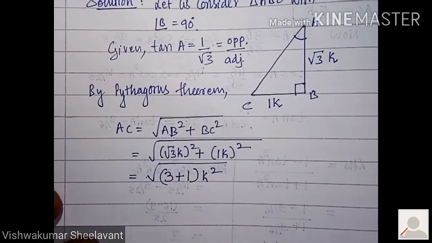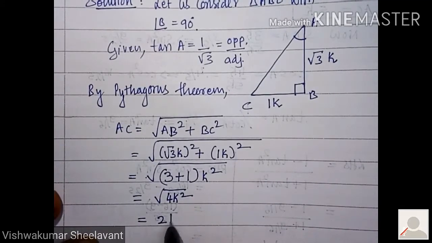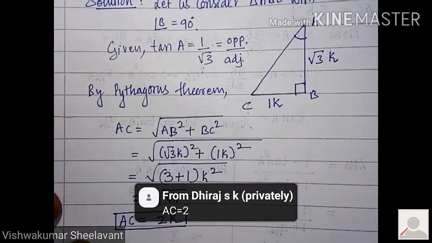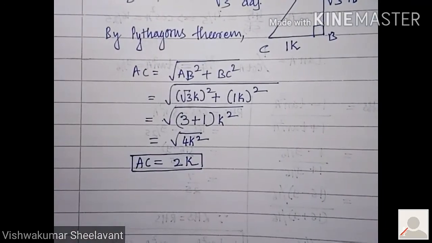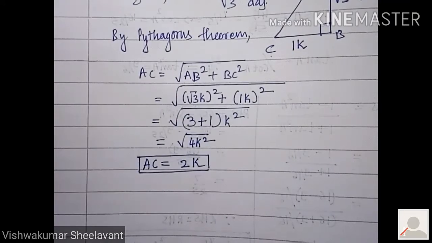So under root, 3 plus 1 bracket complete K square, so this becomes 4K square, and AC is therefore 2K. In ratio, K and K will cancel.